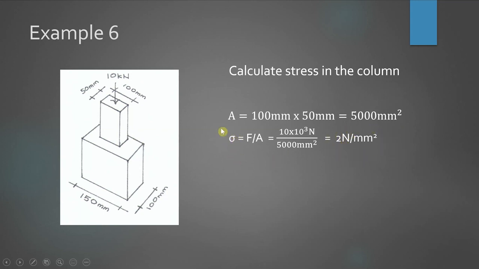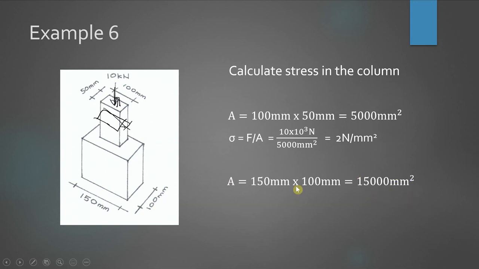This is sigma, meaning perpendicular, 90 degrees to this cross section area. Wherever you cut the column, the cross section is still the same. Then for the second one, you calculate the area, 150 mm by 100 mm.